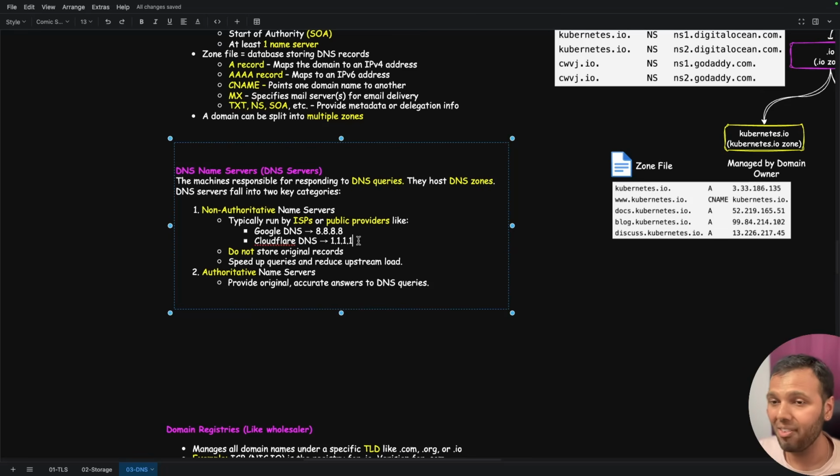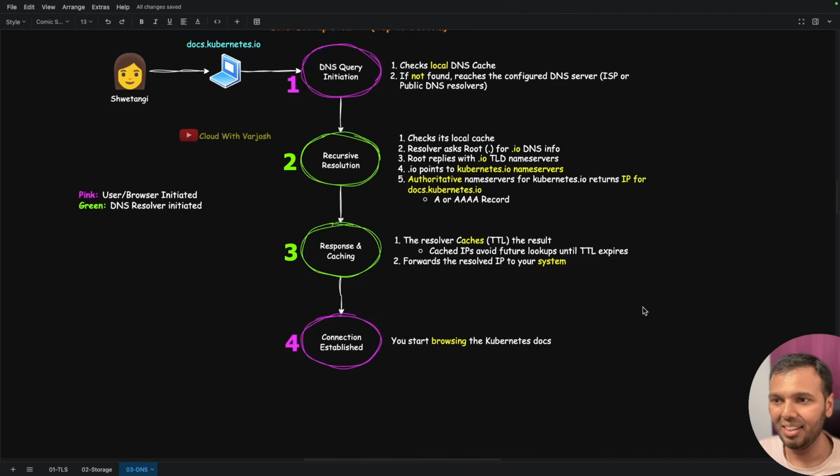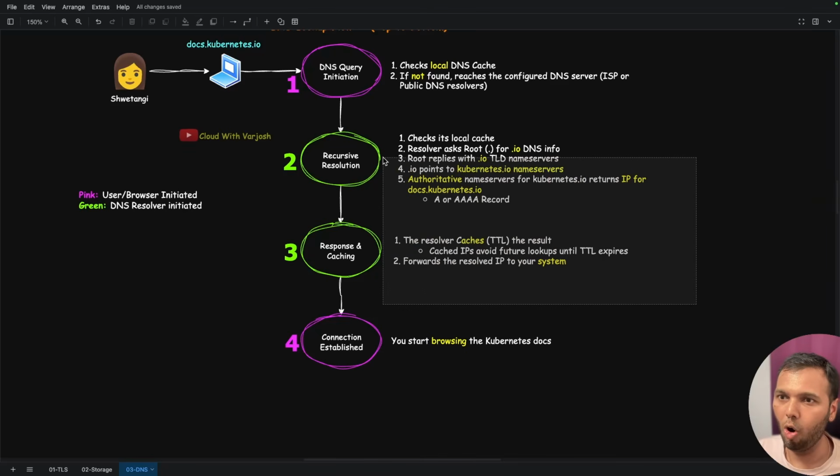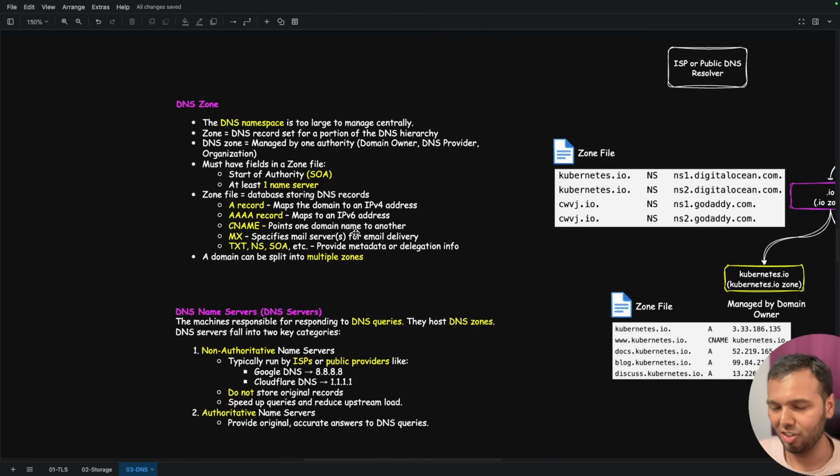They do not have original records, they are just caching information, and their sole purpose is to speed up queries and reduce upstream load. So if your ISP had this information cached, then we didn't have to perform all these steps. Hence, it is important that your ISPs can cache this information.